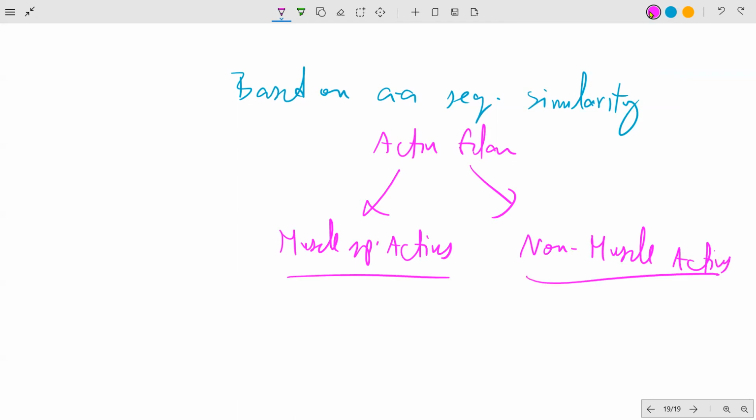So two groups of actins we have: muscle specific, non-muscle.